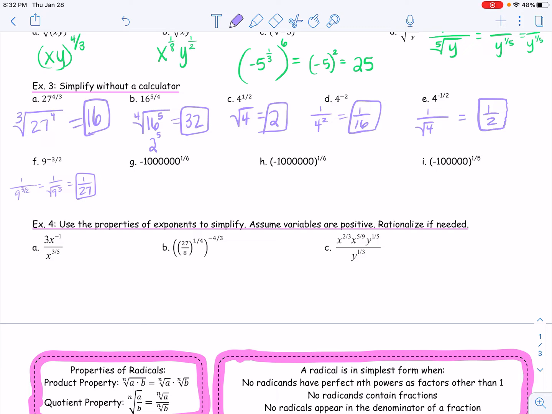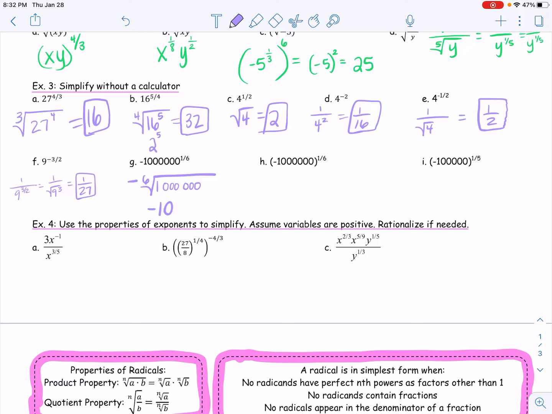So in G, how we would write this is that we are taking the negative 6th root of, what is that, 1 million? Yes, 1 million. So how many zeros are there? 6. So what is the 6th root of something that has 6 zeros? Not 1, but 10. And because there's a negative in front, our answer is negative 10.